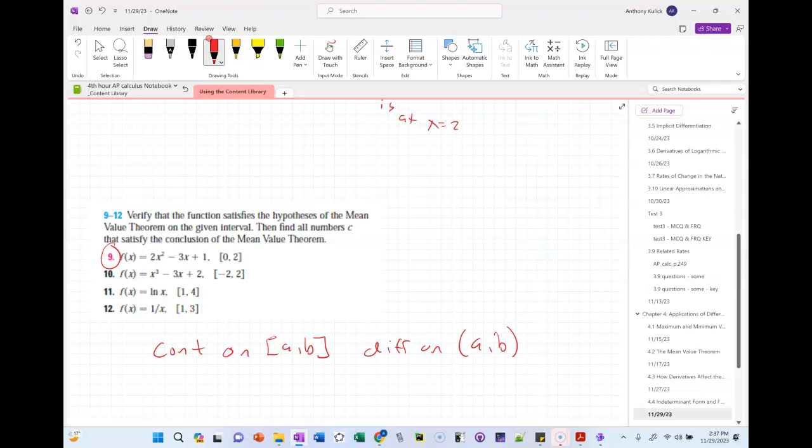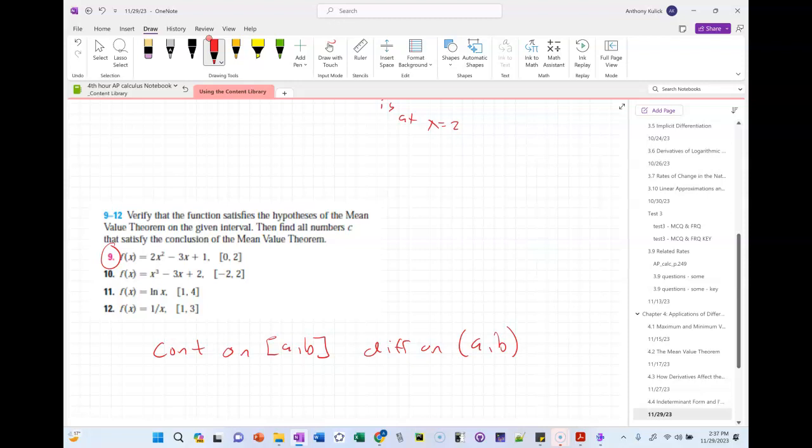Is f continuous on 0, 2? Why? It's a polynomial. Excellent. Is its derivative continuous on 0, 2? Yes. Why? Well, what kind of function will its derivative be?